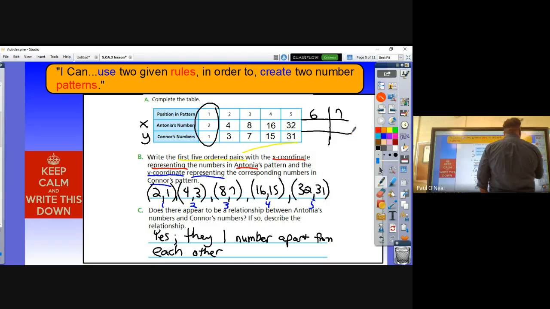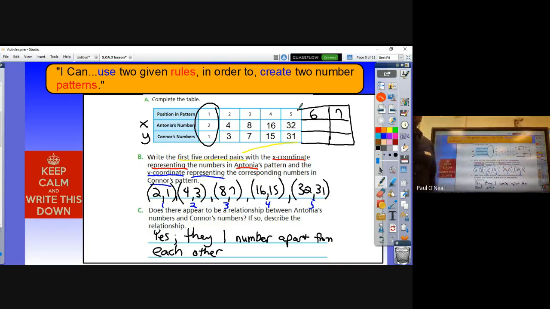Your answer should be yes. We should be able to figure this out because we know the rule, right? And we, of course, know that Connor's numbers are 1 less than Antonia's because that's the relationship they have. So if we follow the rule for just Antonia, we can find Connor's, okay?